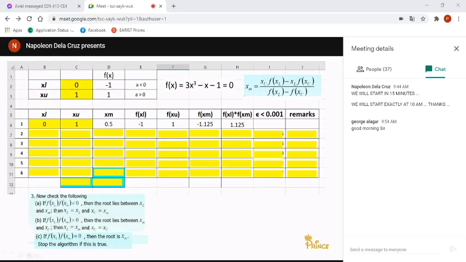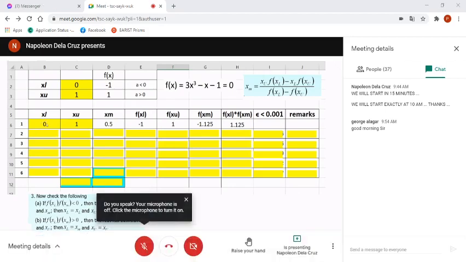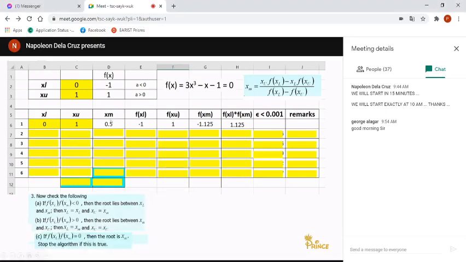The next condition. Now, check the following. The product here, tignan ang aking monitor, mamaya niyan, hindi kayo nakatingin, hindi maiintindihan, ha? The product less than 0, if this is less than 0, then the root lies between XL and XM. Meaning, the XL here is equal to the XL, the previous, and XU here is equal to the XM.